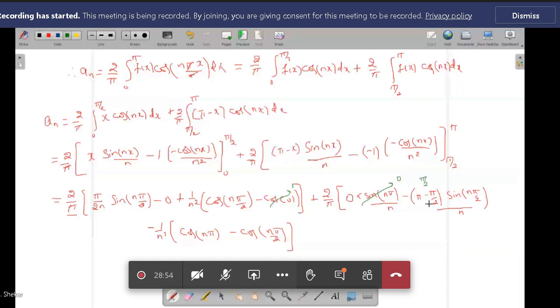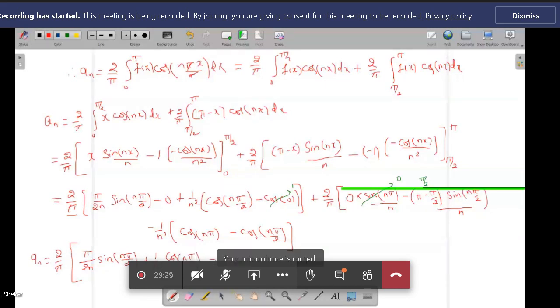So with that I'll write the next line: therefore a_n is 2 by pi, I'll take the common factor, and this is pi divided by 2n into sin n pi by 2, and then plus 1 by n square into cos n pi by 2 minus 1 by n square.